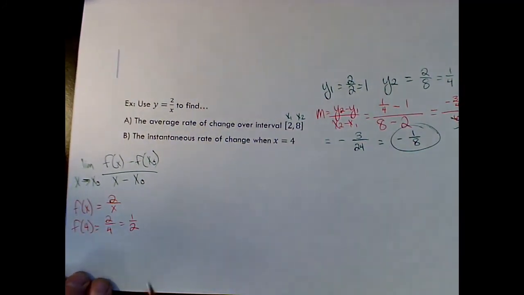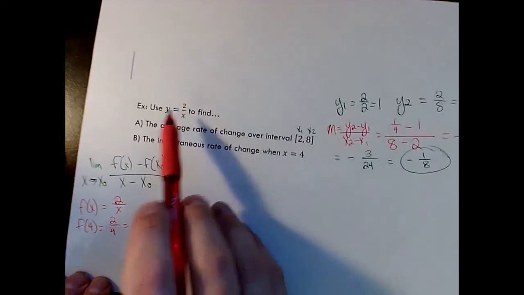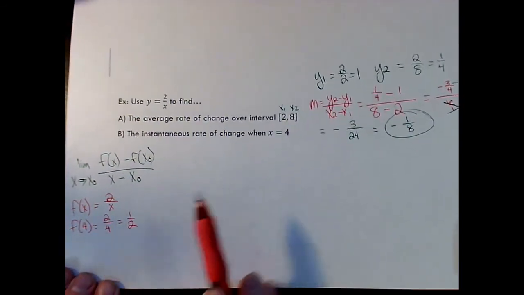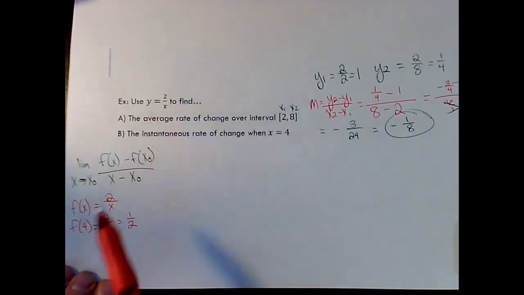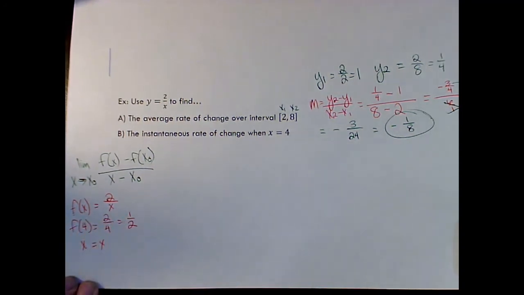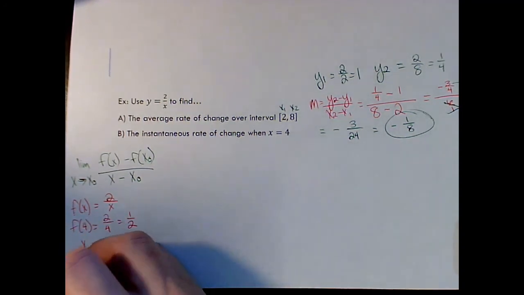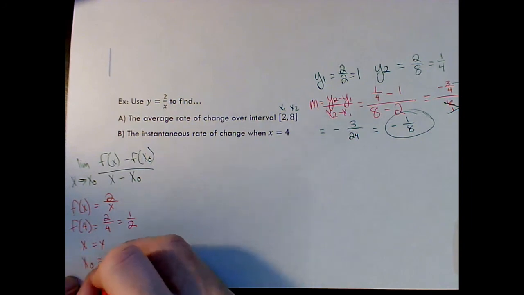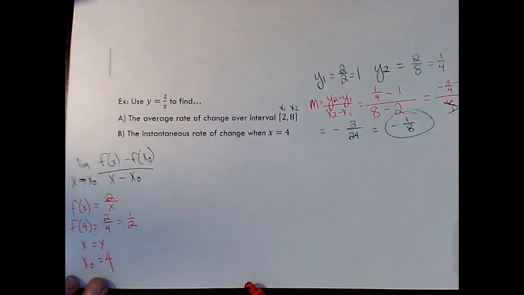All right, so f of x was 2 over x. F of 4 was 2 over 4, which is a half. X is x. And x sub 0 is the 4 that we used.